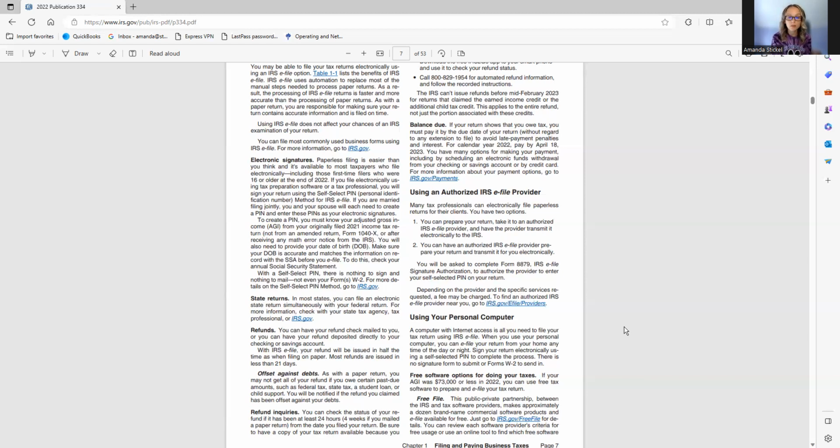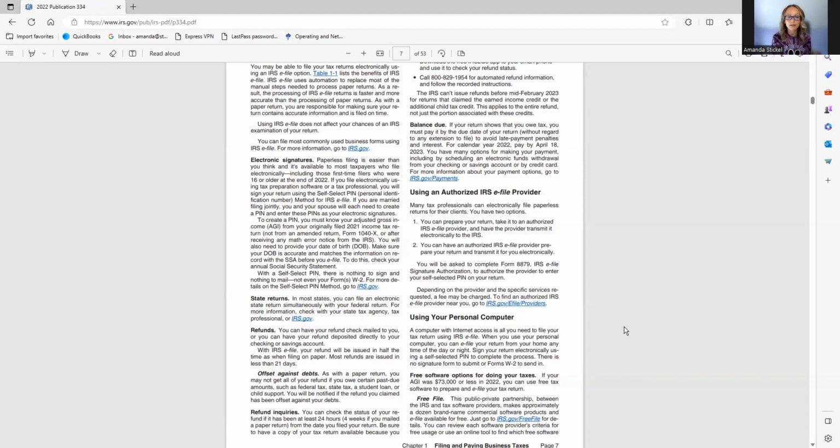State returns. In most states, you can file an electronic state return simultaneously with your federal return. For more information, go to your state tax agency. Refunds. You can have your refund check mailed to you, or you can have your refund deposited directly to your checking or savings account. With IRS e-file, your refund will be issued in half the time as when filing on paper.